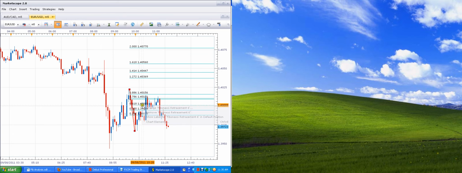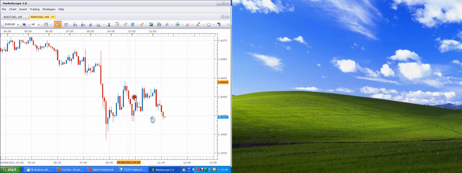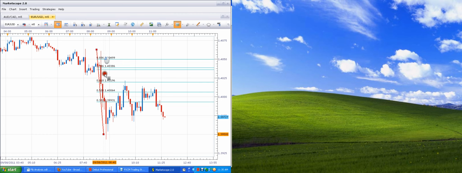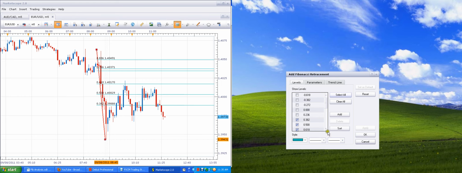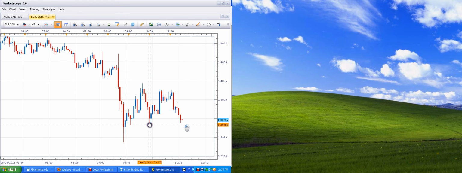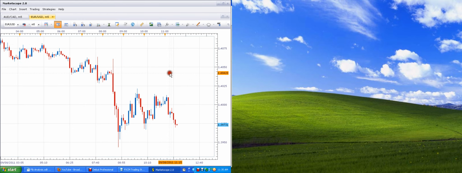Okay? So these are all the ways that Fibonacci's can be used. They're a very excellent tool, and for right now, I would recommend that you play around with them. Draw them from the tops to the bottoms to the tops, and you're going to find that anywhere the market is going to reverse with them.